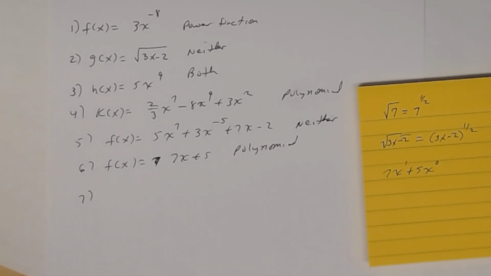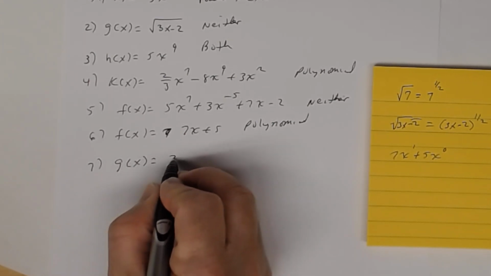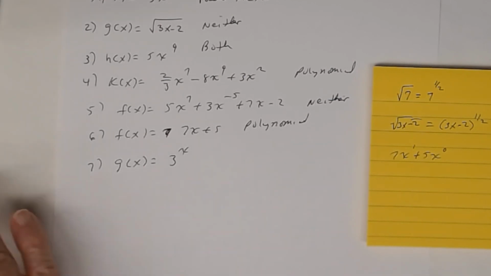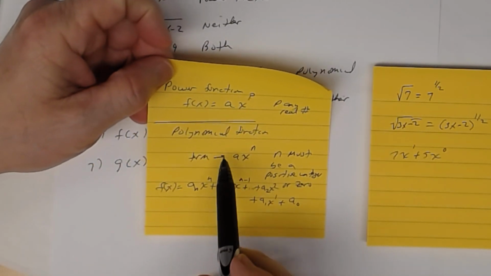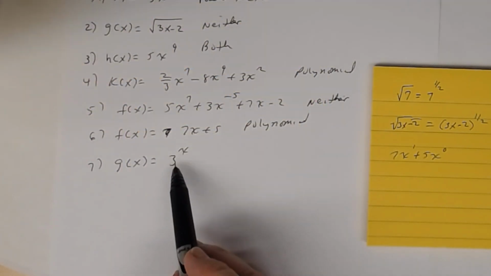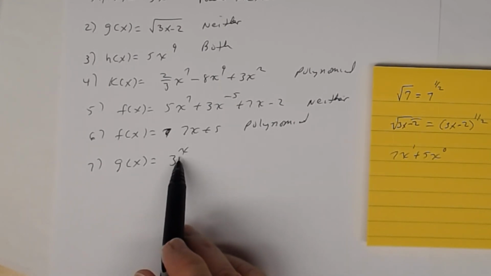Number 7, you have g of x is equal to 3 to the x. All right, so remember in a power function and also in a polynomial function, your base is x, right? So notice that my base is a number, it's not x. In fact, my exponent is x. So this is neither.